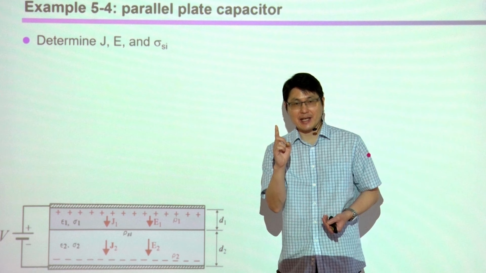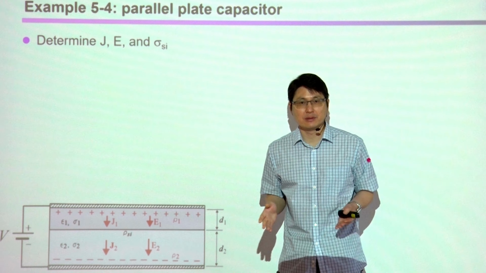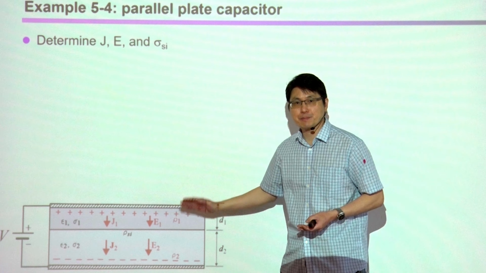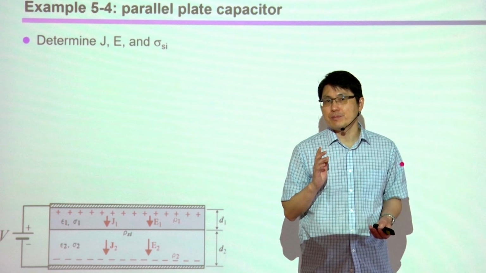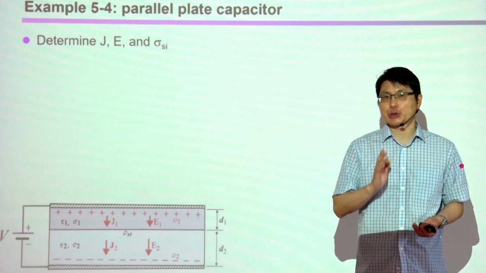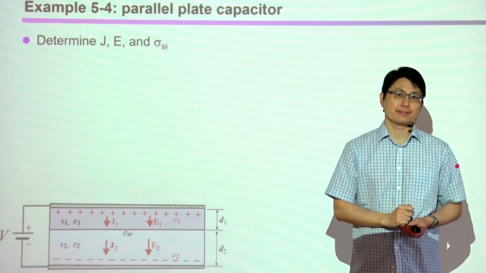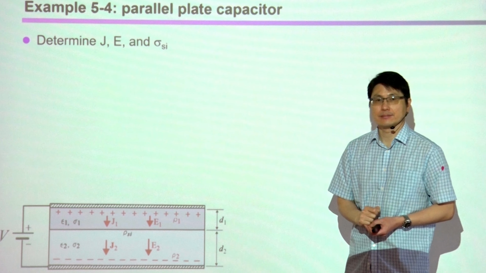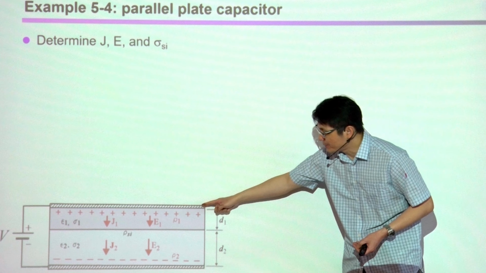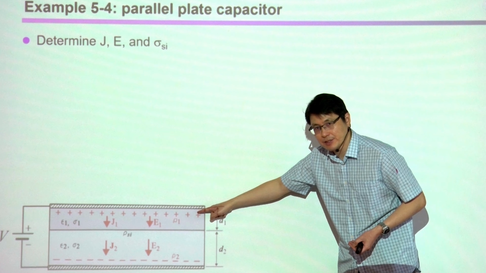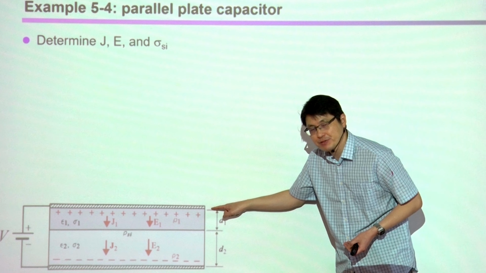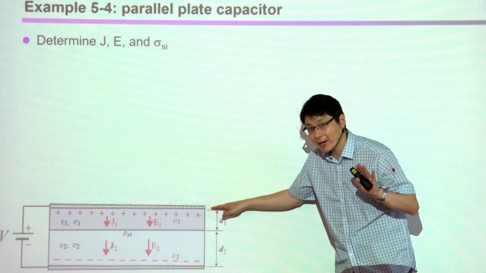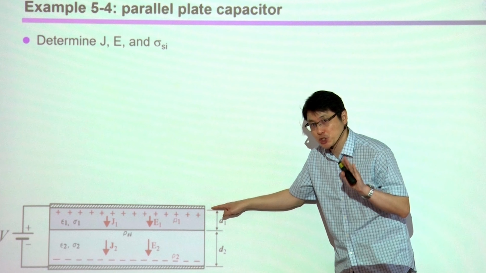Remember, charge densities, I'm using plural. In this particular geometry or system, how many charge densities do you have? Well, you have the metal dielectric interface. As long as you have interface, you might have surface charge density.